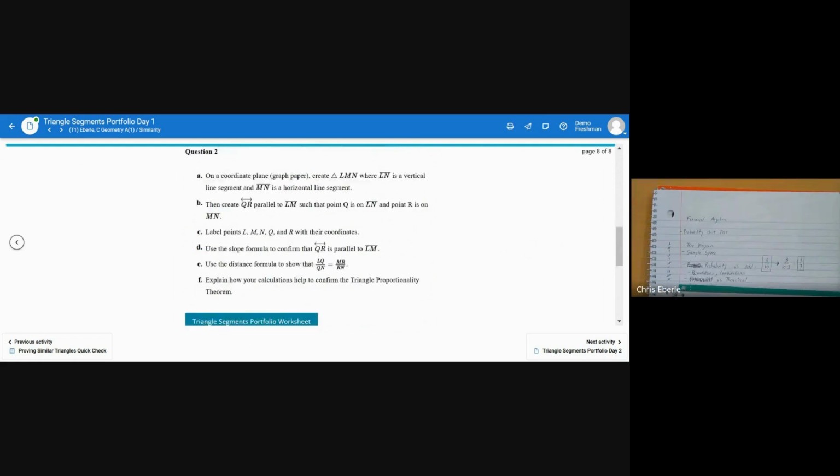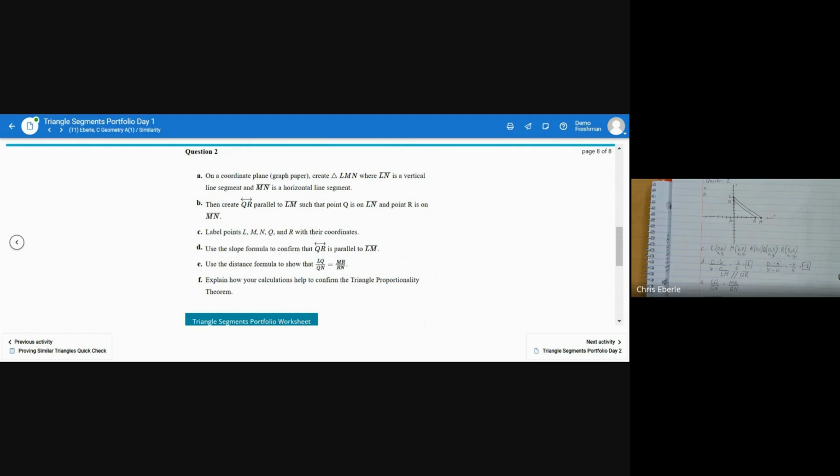So question 2, there's a little bit more direction with question 2. Let me go ahead and start with my graph. Question 2 says, on a coordinate plane on graph paper or just regular paper, create LMN, where LN is a vertical line.